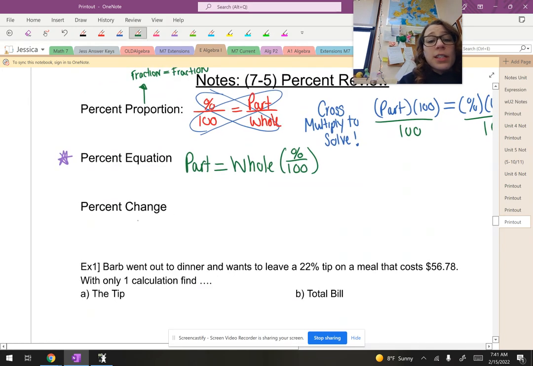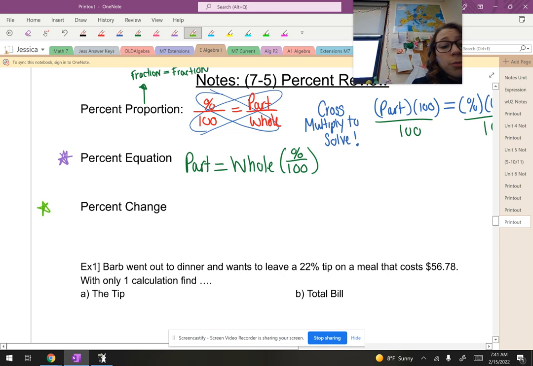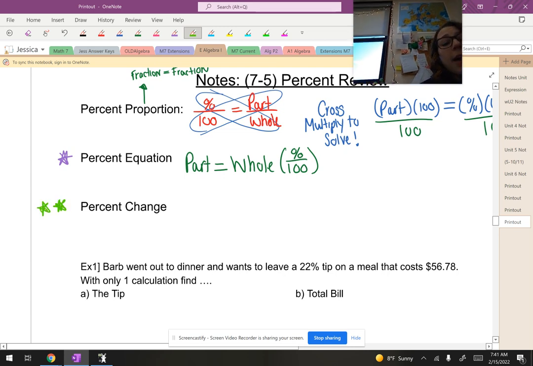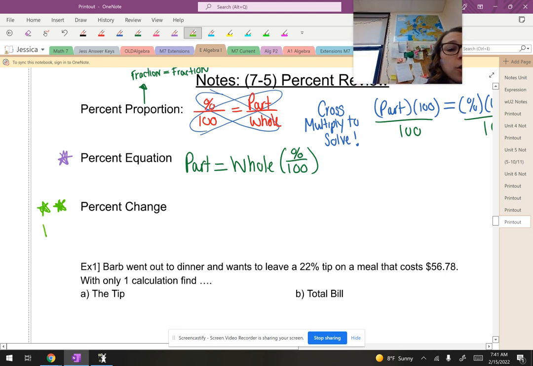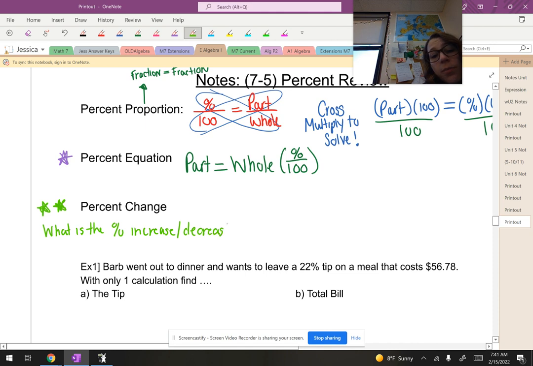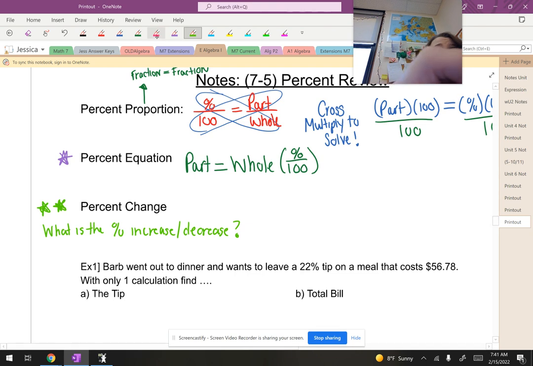And last but not least is this percent change formula. And this percent change formula is also important. You're going to want to star it. This one comes up a lot. This is the one that you're going to use when it's asking for what is the percent increase or decrease. This is the formula you're going to use for that.